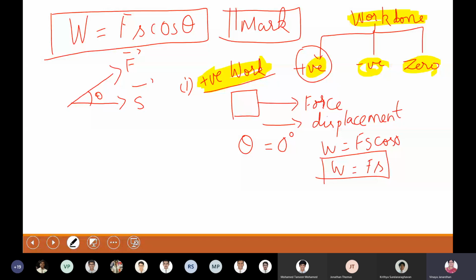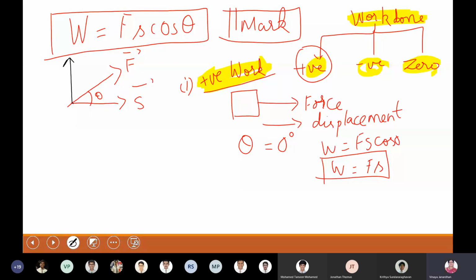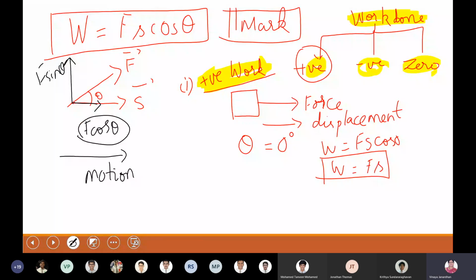So if your displacement is along the x-axis, then the component of F along the horizontal should be taken into consideration. Your F can be classified as F cos theta and F sin theta, right? In which direction is the body moving?